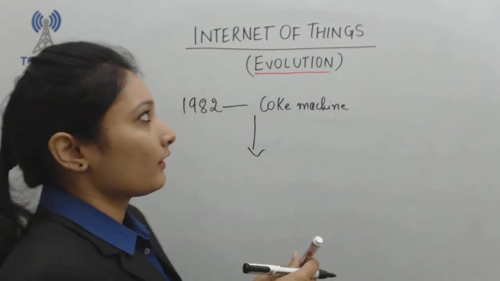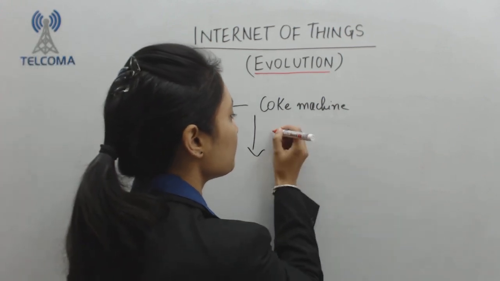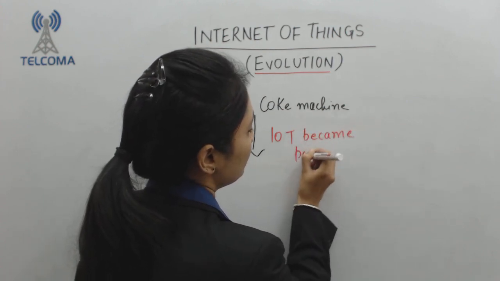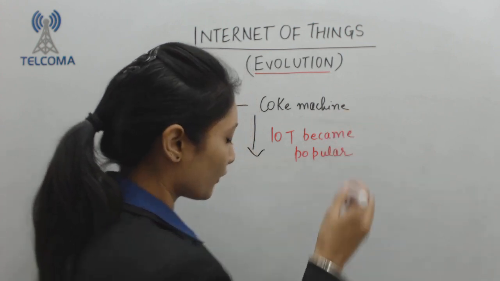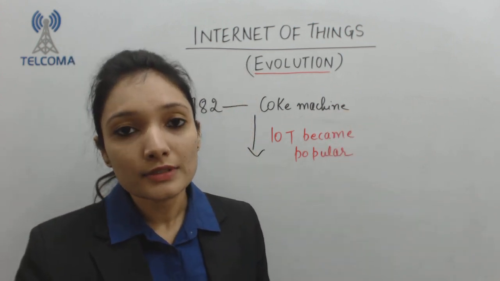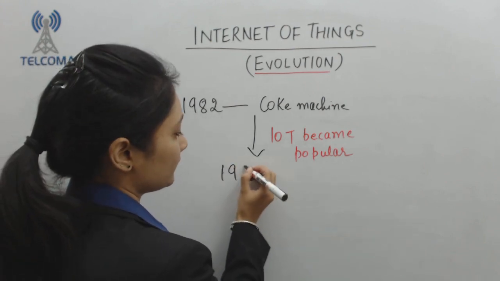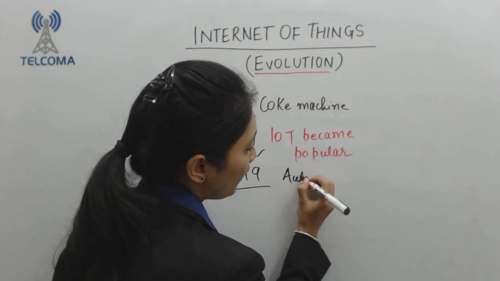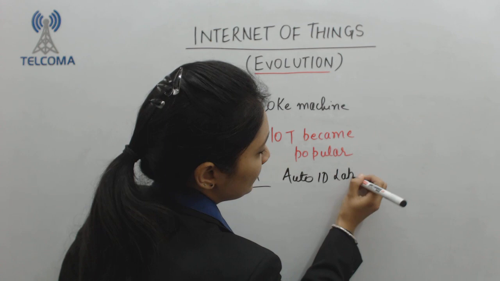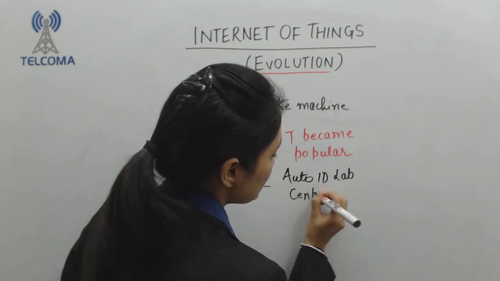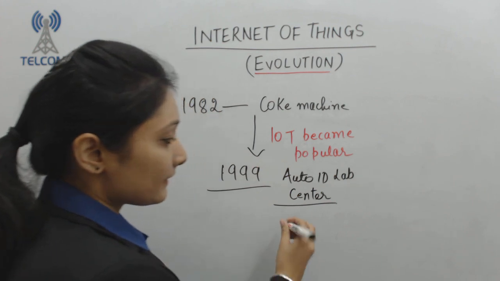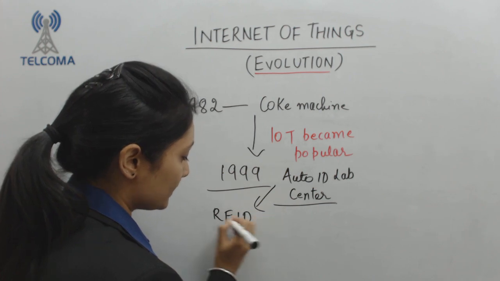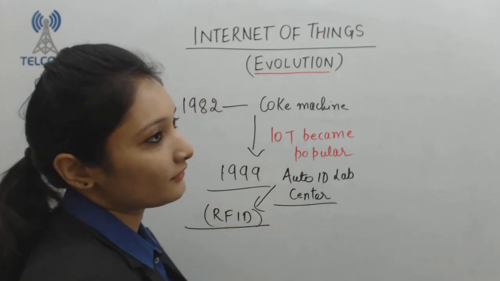The notion of the Internet of Things became popular in 1999 at the Auto-ID Lab Center, where the entrepreneur Kevin Ashton proposed RFID, radio frequency identification tags.